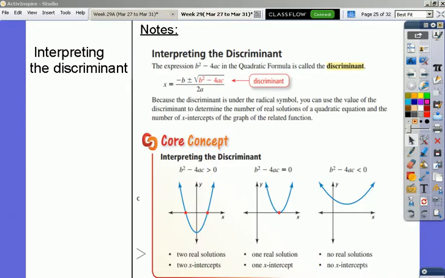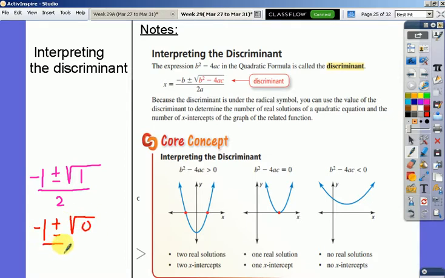So I'm going to give you an example. Let's say we've done our quadratic formula to try and find the solutions of something. We end up with, say, -1 plus or minus the square root of 1 over 2. Then let's look at another situation. We have -1 plus or minus the square root of 0 over 2. And then let's look at a third situation.